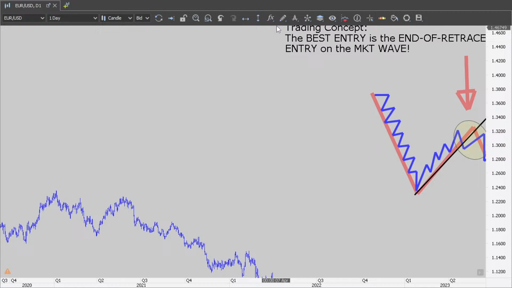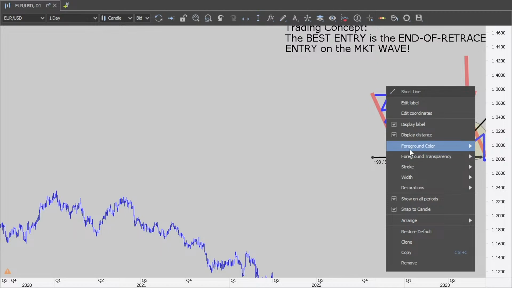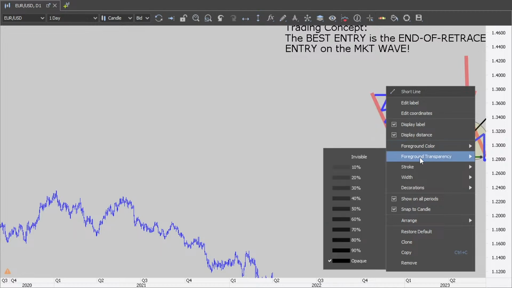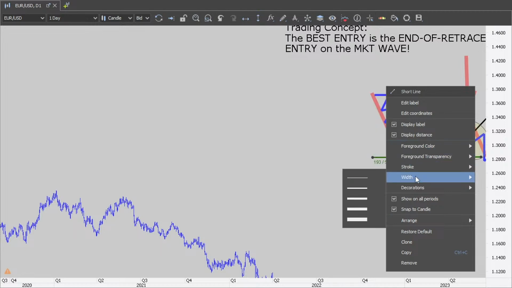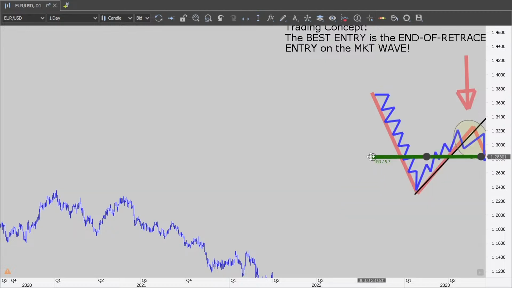So if you short the market in here, the market made a lower low, right? You short the market in here, green, and like this. You short the market in here.